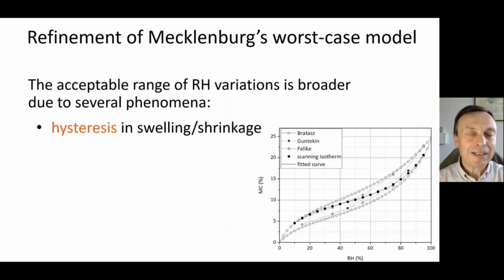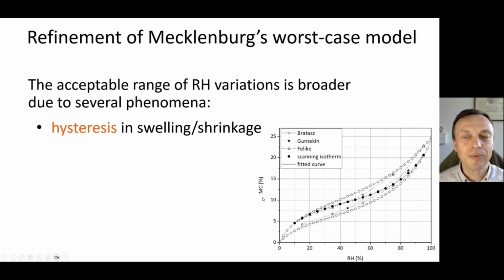So, as I tried to explain, Marian Mecklenburg proposed his worst case scenario when we look only at the difference in dimensional responses against the failure criterion, but in fact finite element modeling allows for a more precise determination of what is safe, what is not safe, and in fact several phenomena are taken into account. For example, hysteresis in the swelling and shrinkage.